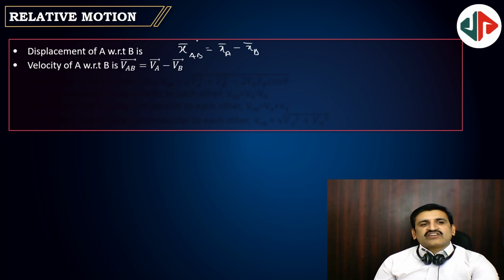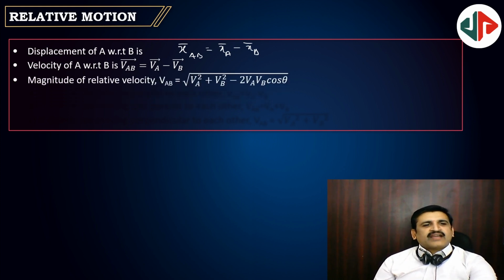And velocity of A with respect to B is velocity of A minus velocity of B, and magnitude of relative velocity is square root of VA square plus VB square minus 2 VA VB cos theta. Actually, if both are in the same direction in a straight line, then you can directly subtract, because cos theta will become 1 and it will become A minus B whole square, and it will become A minus B. But if they are at an angle, then you have to use this.